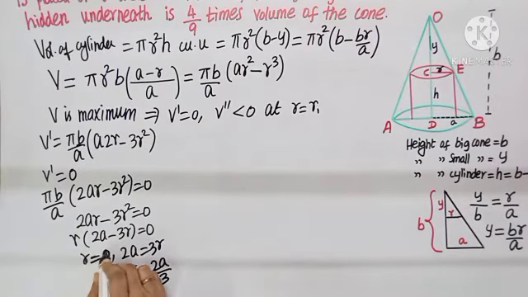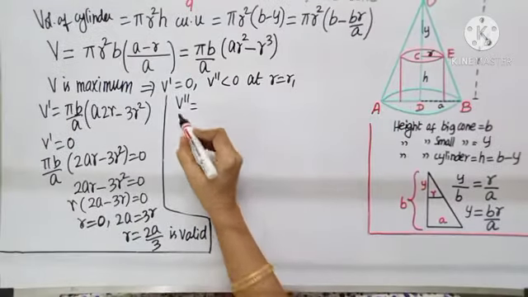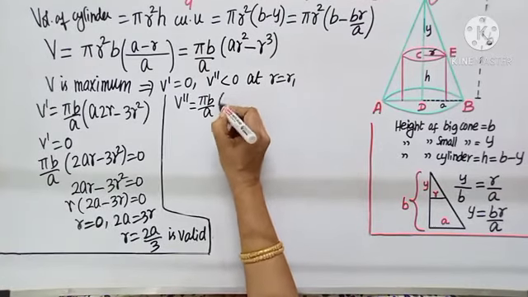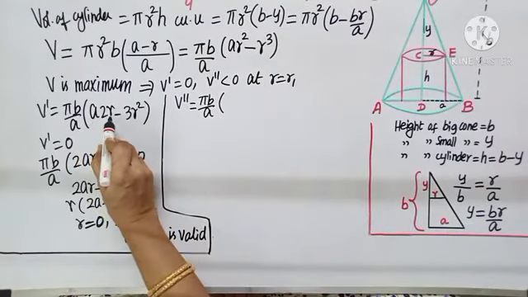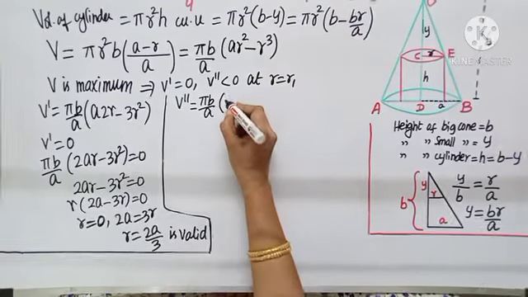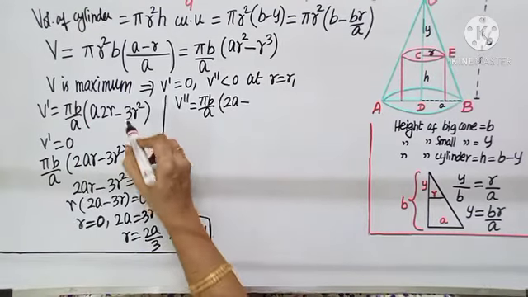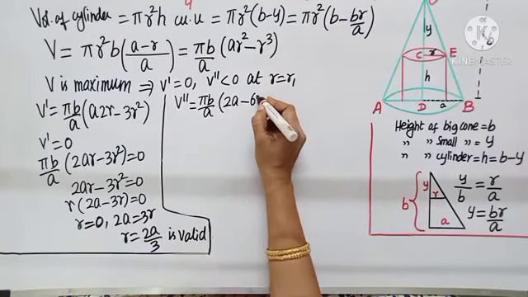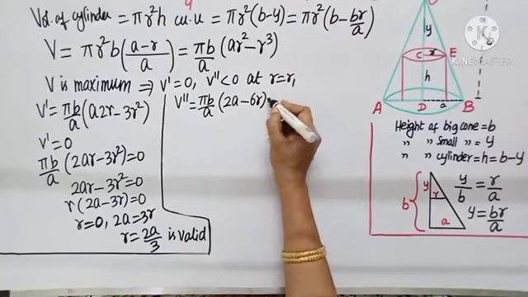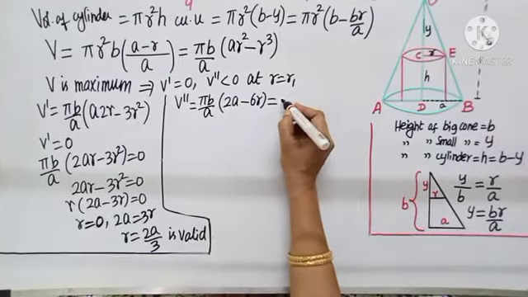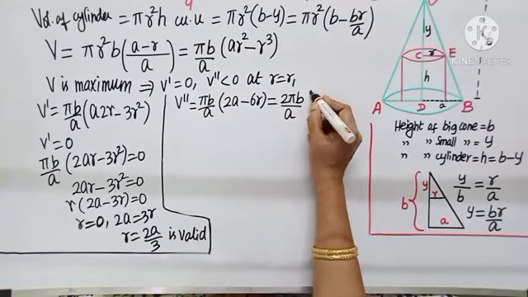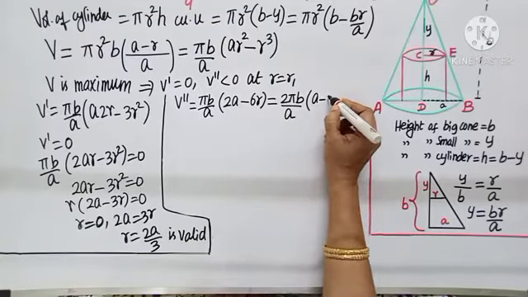So we have two answers. This is valid. V double dash equals pi b by A into 2a as it is, r will become 1. So we get 2a minus r square will become 2r. 2r into 3, 6r. We can simplify this by taking 2 out. 2 pi b by A into A minus 3r.